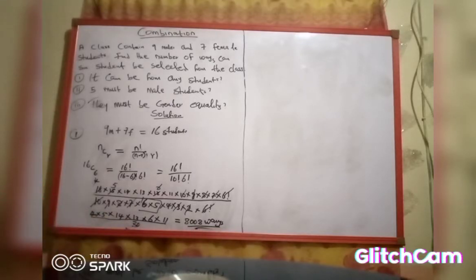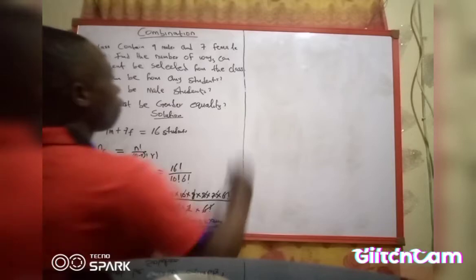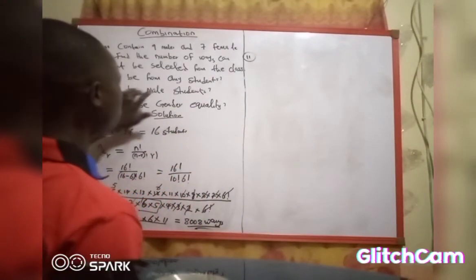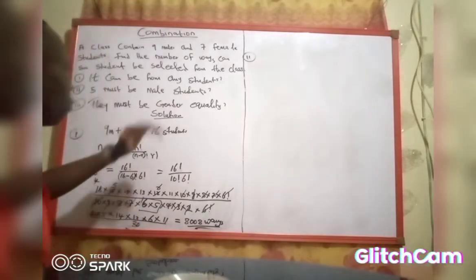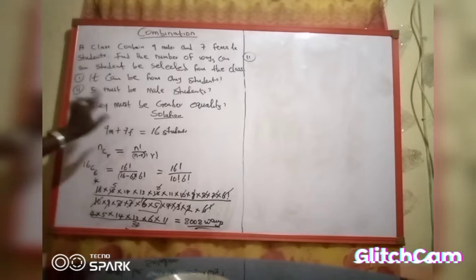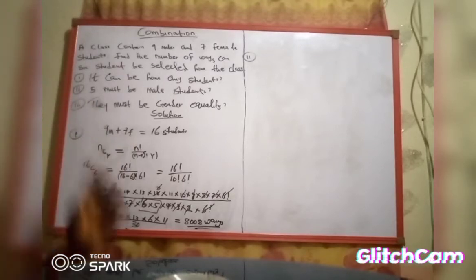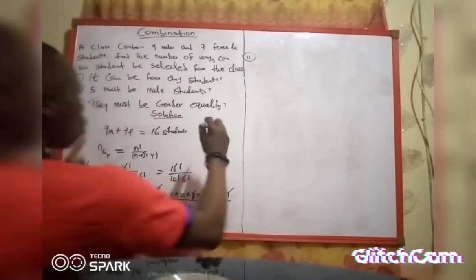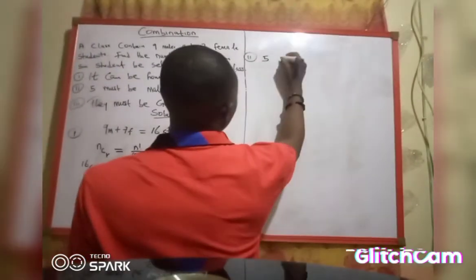So let us look at Roman numeral 2 of the question. Roman numeral 2 says 5 must be male students. Out of this population, we have 9 male, 7 female, and we are selecting 6 from this population. And the question says 5 must be male.